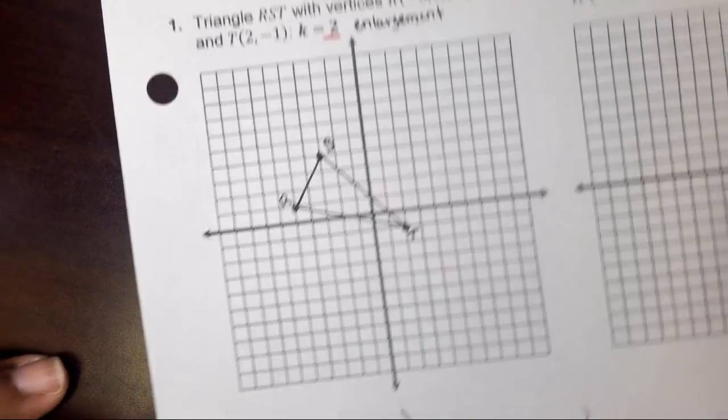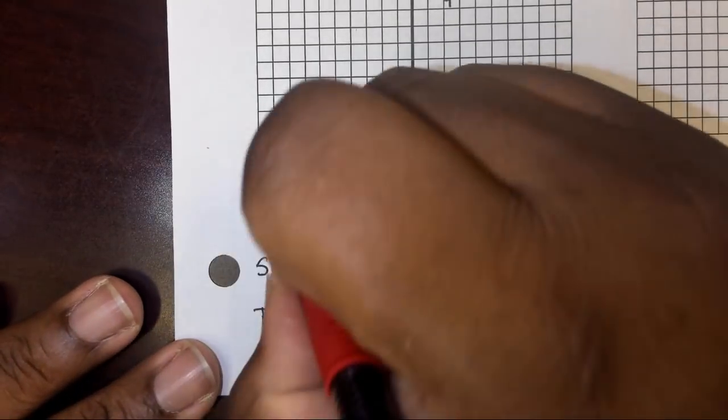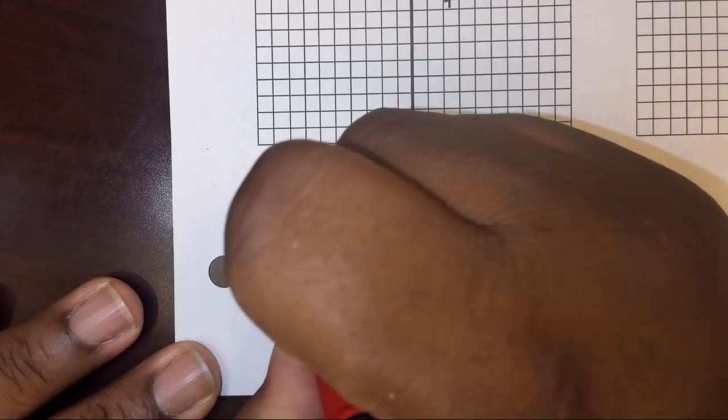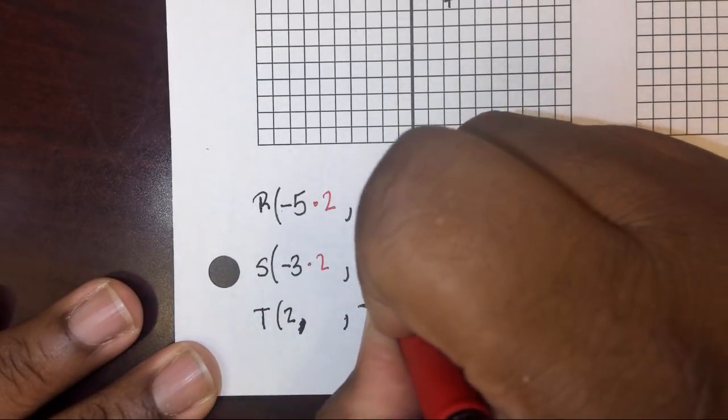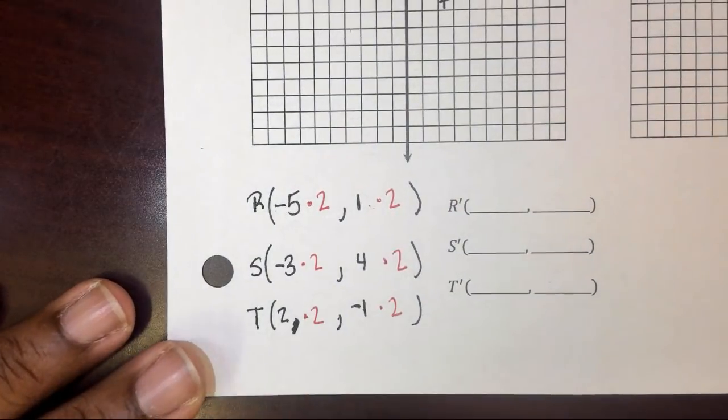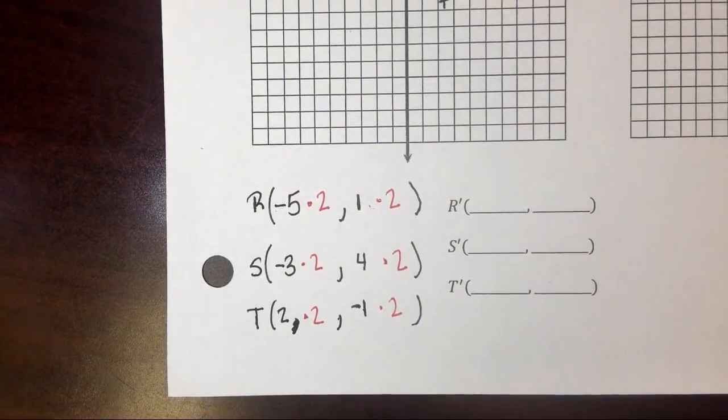So I'm going to multiply by 2. Everything down here is going to get hit times 2, times 2, times 2, times 2, times 2, times 2. It's just that easy. Now you just got to do simple math. This is what some of y'all are going to get choked up at, though.